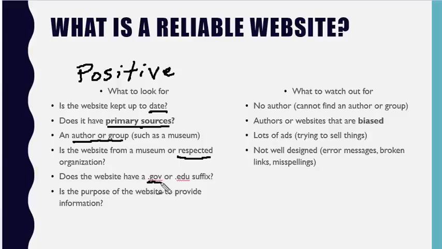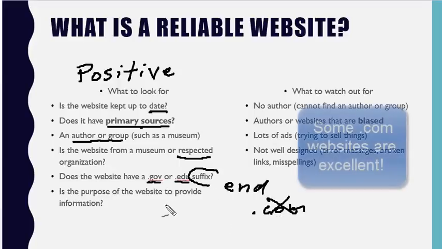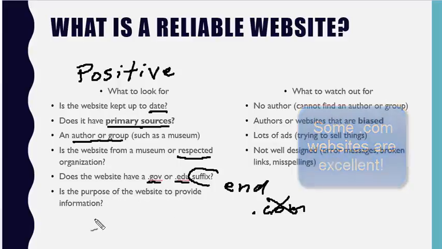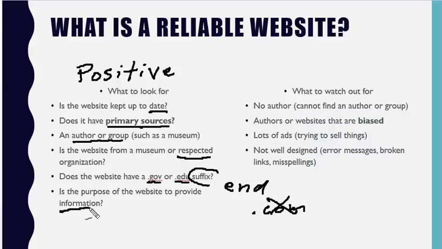Does the website have a .gov or .edu suffix? Suffix means what's at the end of the website. It could be .com or something like that, and those are usually not that great, but .gov and .edu are good. Is the purpose of the website to provide information? So you want information, you don't want a website that's trying to sell you things.